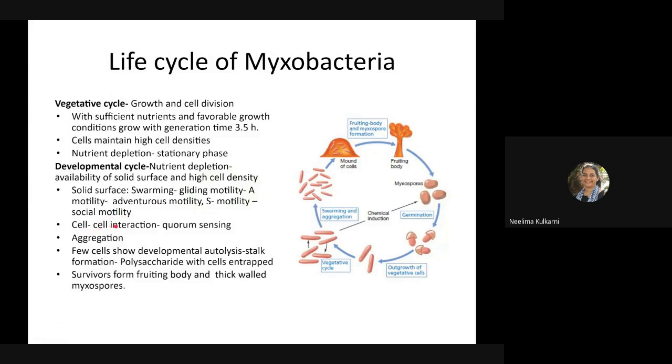Now they show cell-cell interaction, which is known as quorum sensing. Quorum sensing is a phenomenon wherein the organisms involved communicate with each other by production of small molecules which they secrete outside the cells.